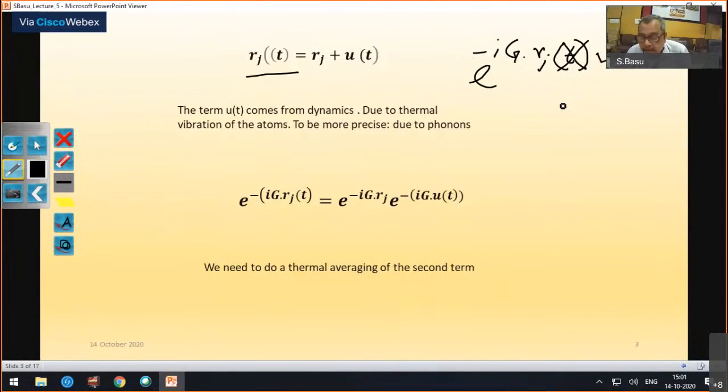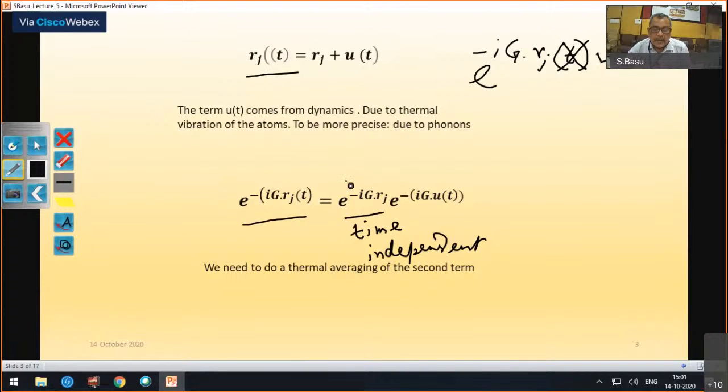When I did that in the last talk, I used this term e to the power minus i g dot r_j(t). I broke it up into a part which is time independent. This is the portion which is the frozen lattice site. But I told you earlier that this is the one where you have got a vibration or motion around the lattice site.